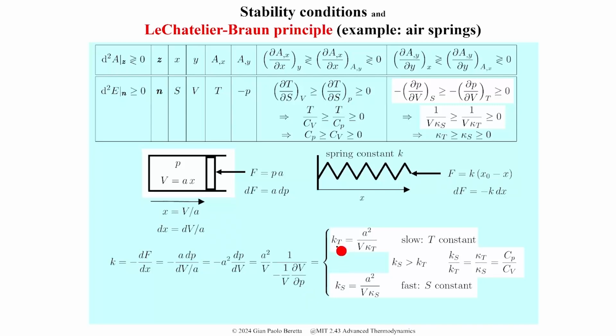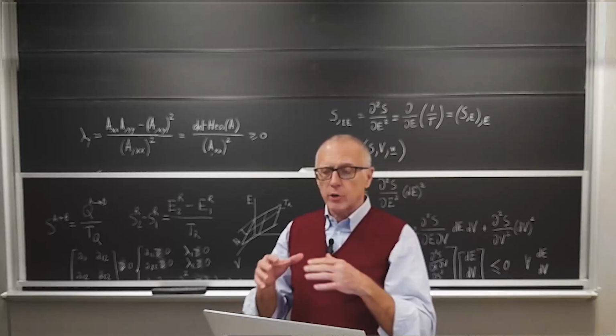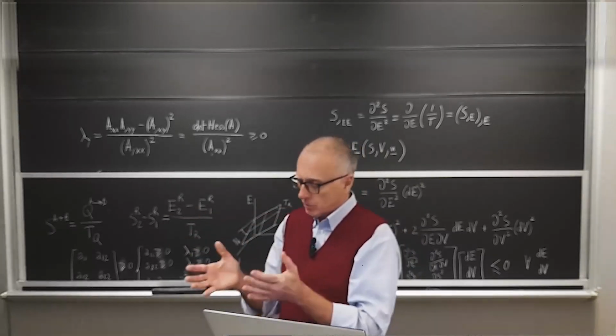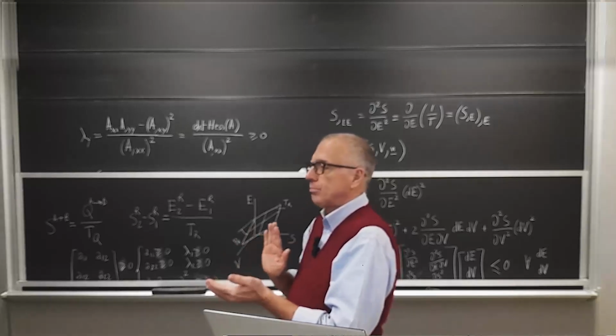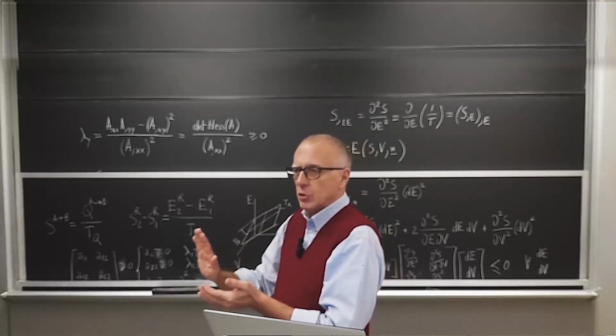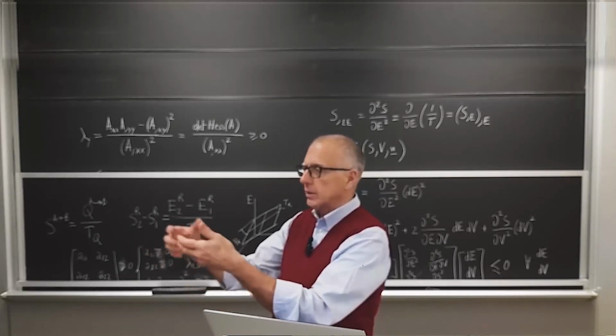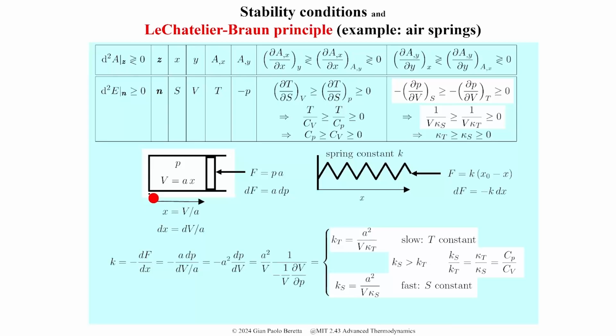So if you act on your spring while keeping the temperature constant, so if your spring is in contact with the thermal reservoir, and therefore it has the time to exchange energy to remain in mutual equilibrium, which typically is when you push it slow enough so that the system has time to exchange heat with the environment and remain in equilibrium, then you get one spring constant.